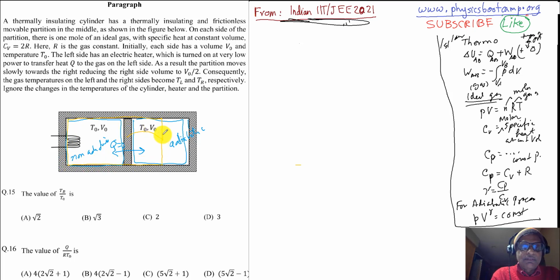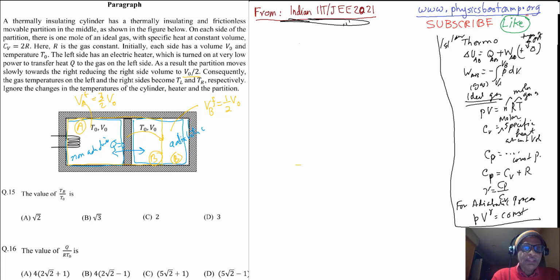So this thing goes over there, and let's call this part A, and this part B. So the VB final is 1/2 of V0, and VA final is 3/2 V0. So that's given to us.